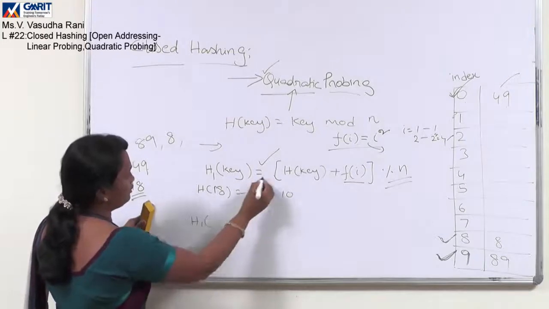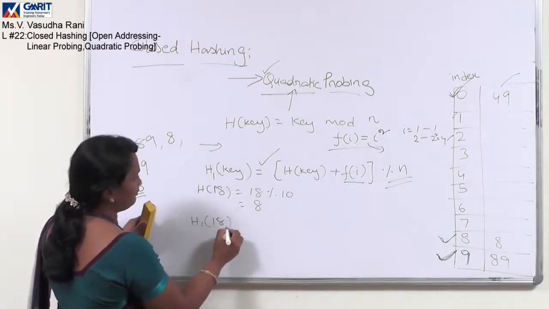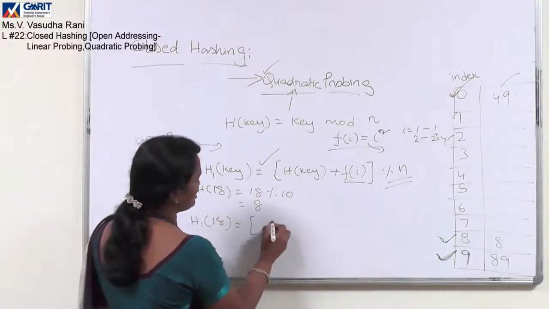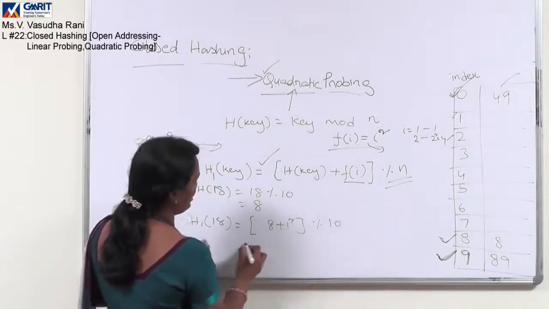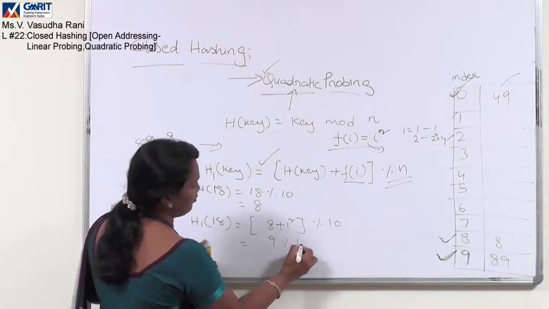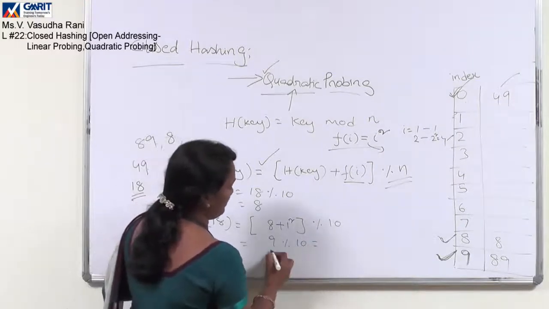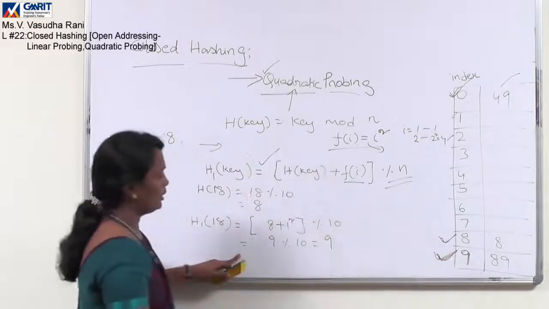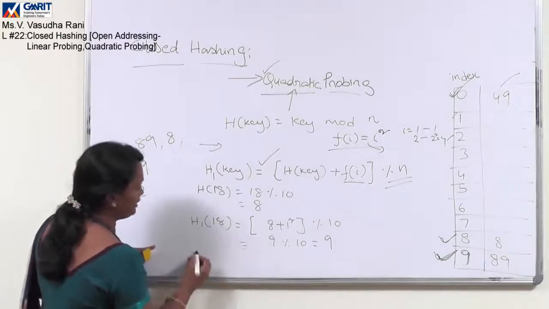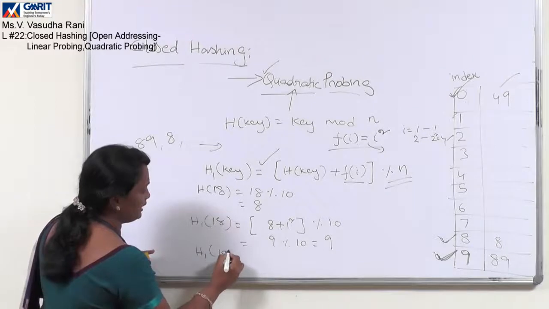So we have to go with the new formula, h1 of 18, which is giving us 8 plus 1 square mod 10, which is 9 mod 10, giving us 9. 9th location is also already filled. So another trial we have to make for this 18 key.